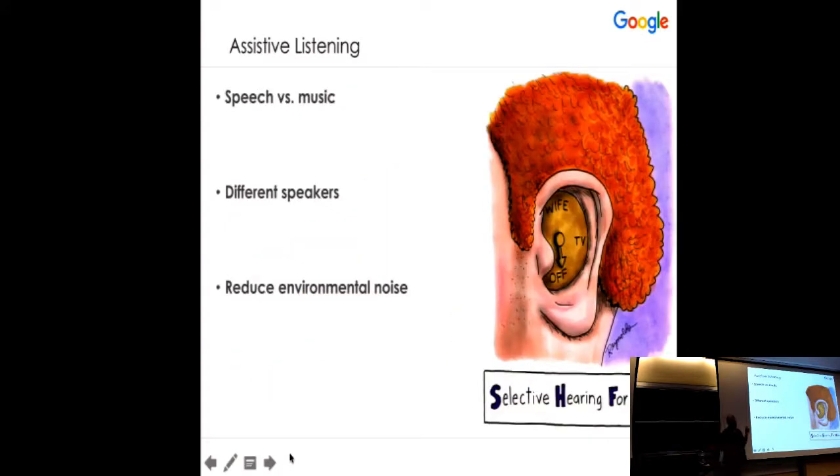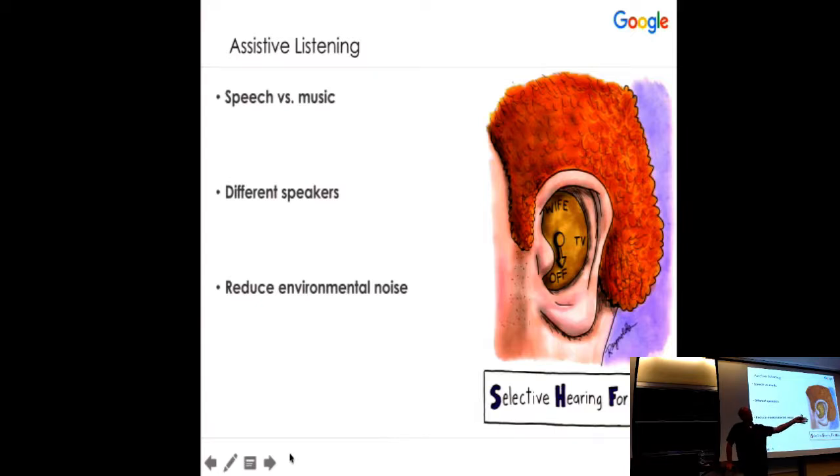More short term, the people that do hearing aids would dearly, dearly, dearly love to know whether the person wearing the hearing aid is attending to speech or music. They would change the signal processing depending on speech processing or music processing. So just that one bit of information would make their products a lot better. The same with different speakers.